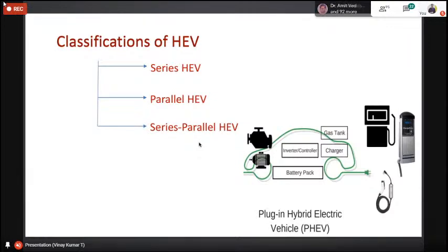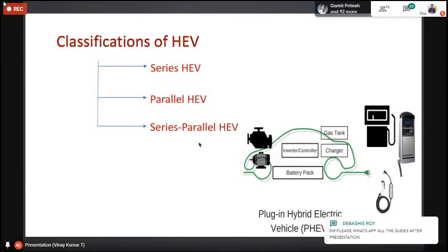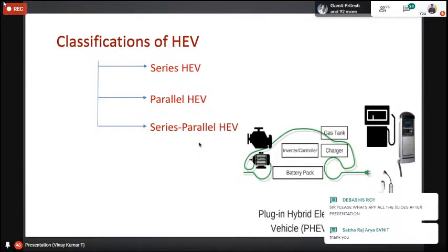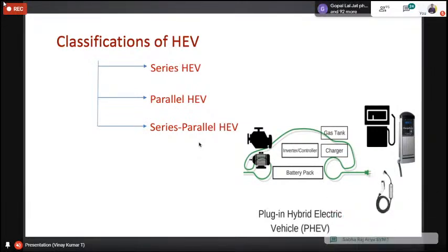The main challenge is battery charging and discharging, right? So in case of hybrid electric vehicles, you need not charge the batteries, right? Simply you have to fill the fuel tank with petrol or diesel, that is sufficient, right?